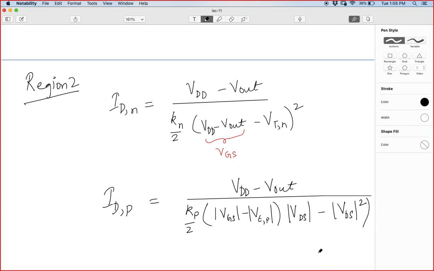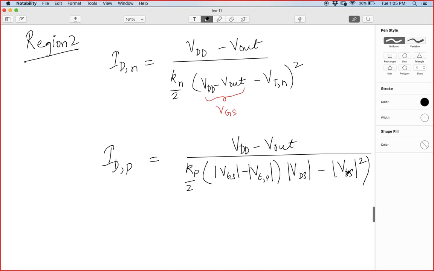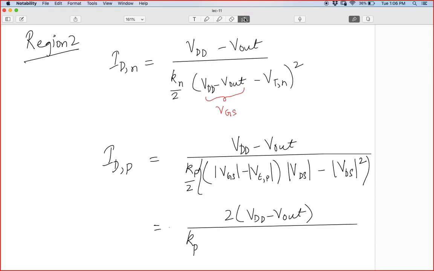This is the general equation for the PMOS. If I substitute the values of VGS and VDS, this is VDD minus Vout. Of course, the 2 comes up here, and this is Kp. I think I made a mistake here. Again, these 2 terms will come inside.